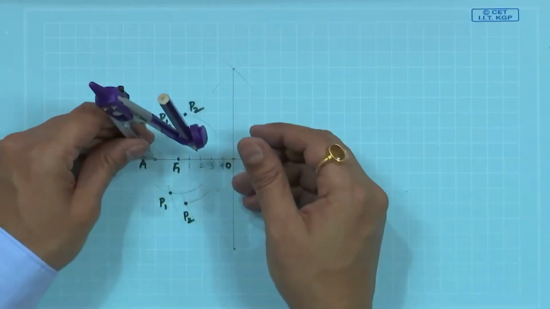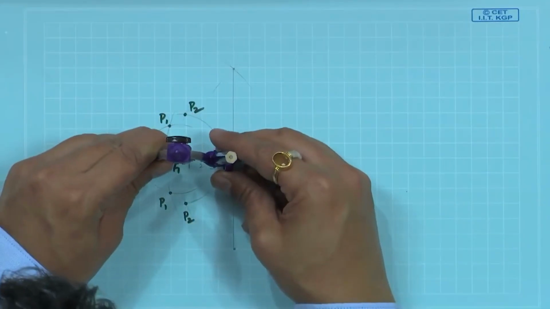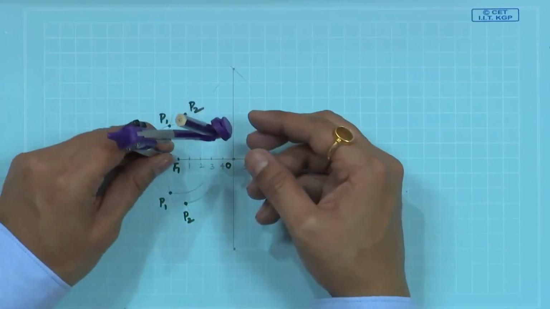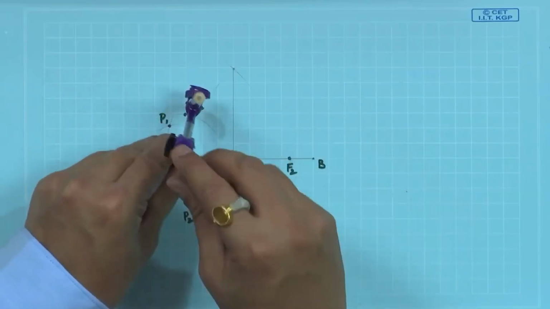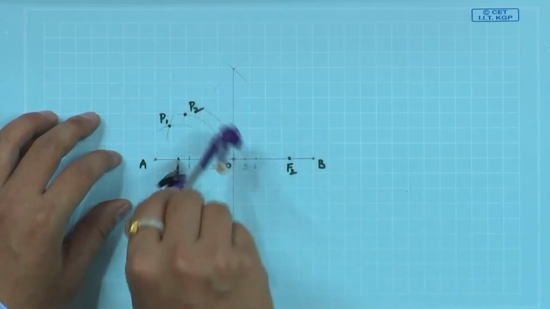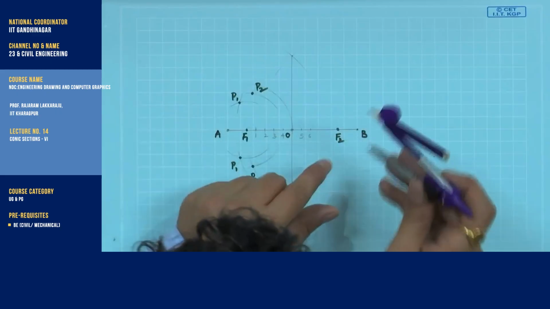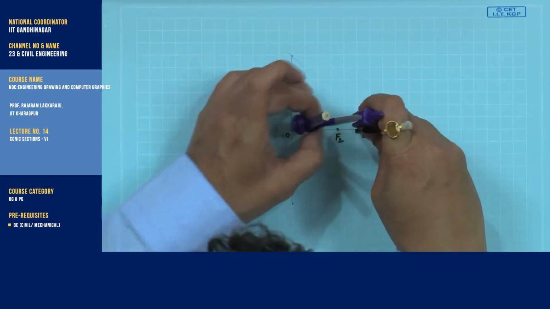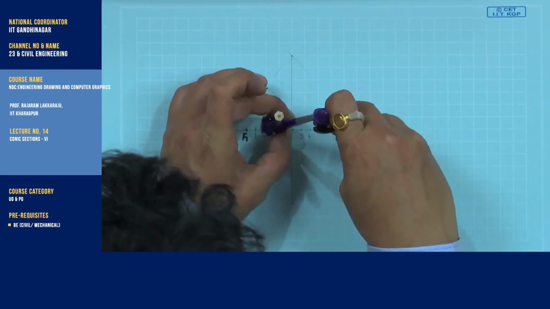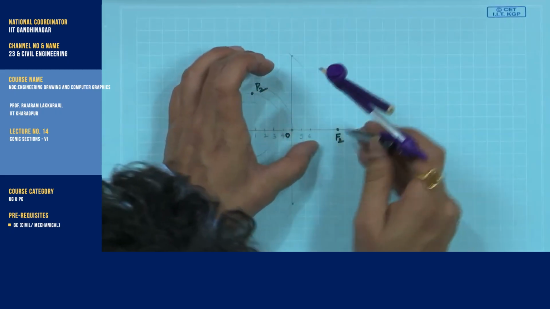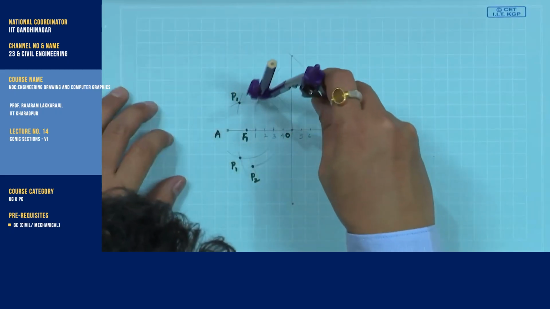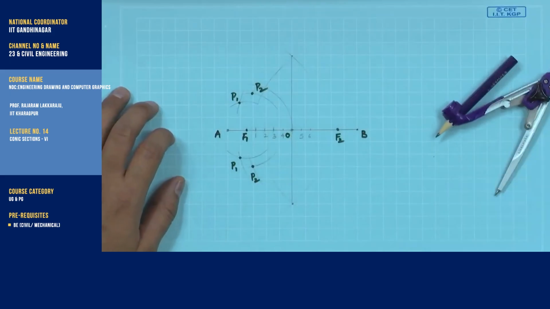Similarly, use the A3 distance, center around F1, and the B3 distance, center around F2, and mark it.